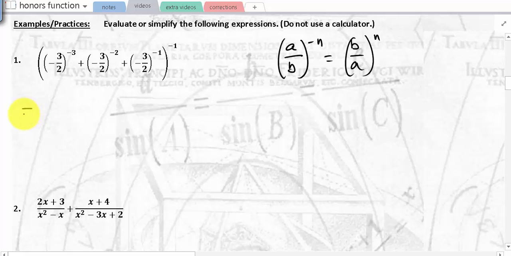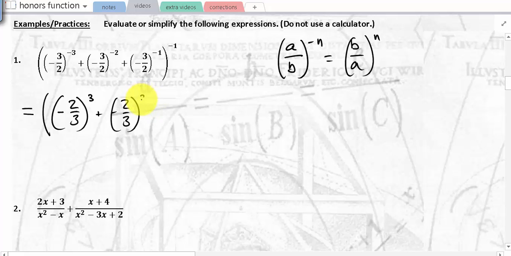So this expression is equal to negative 2/3 to the cube plus negative 2/3 to the square plus negative 2/3 to the first power. And I still have a negative power outside. Now that I have positive powers inside, I can remove them. What is negative 2/3 cubed?